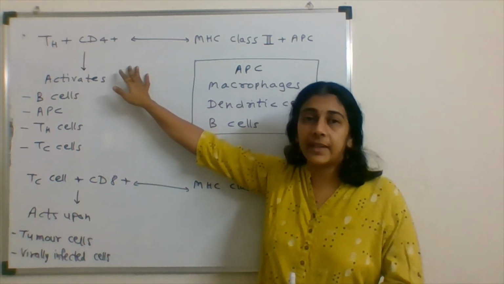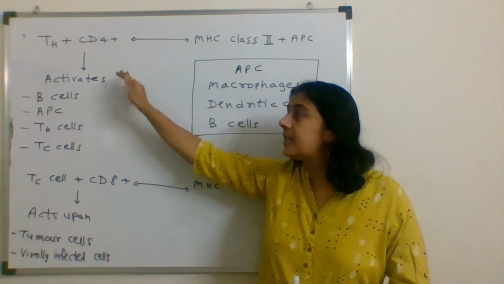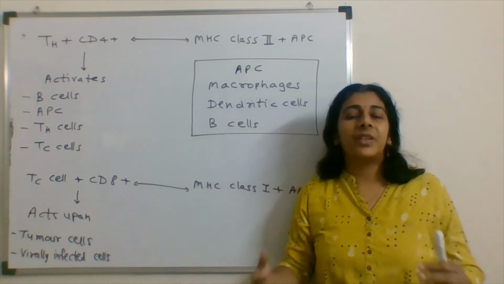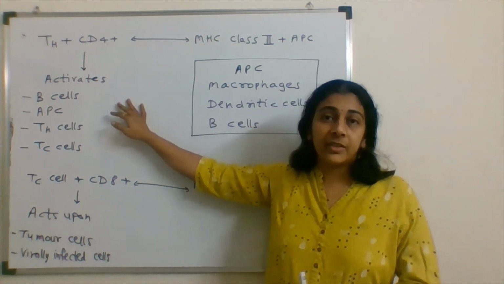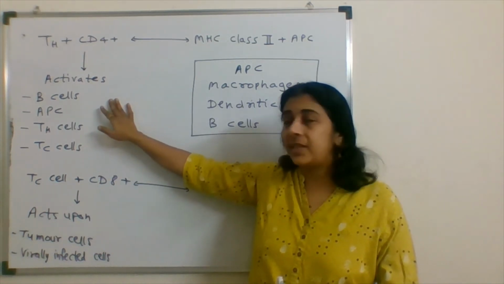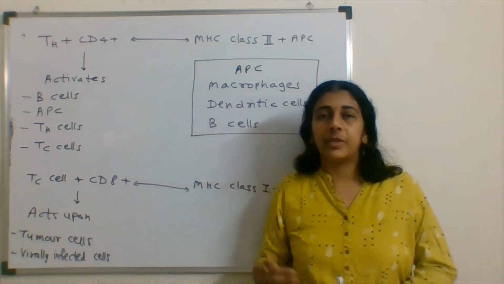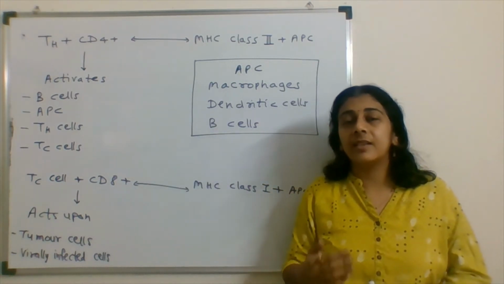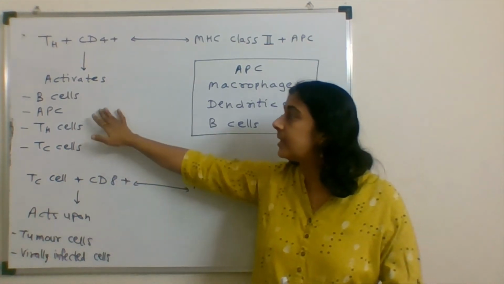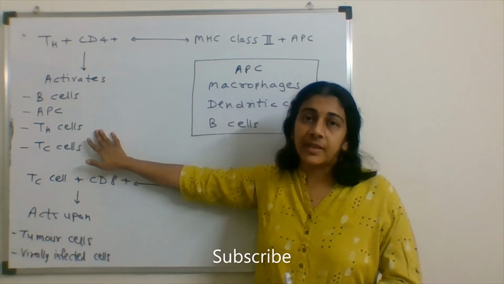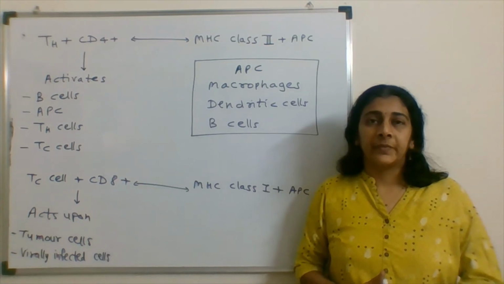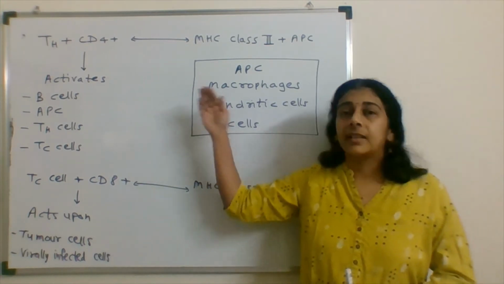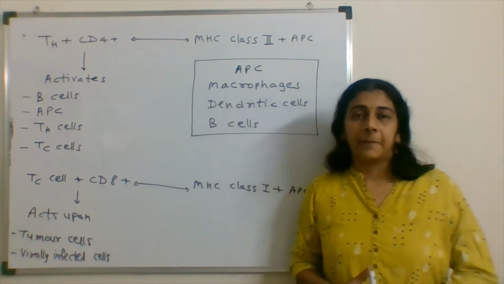T helper cells get activated and these further activate different lineages of the immune system. These include B cells, meaning T helper cells are going to activate B cells, other antigen presenting cells, T helper cells, as well as T cytotoxic cells. So these are the T helper cells.